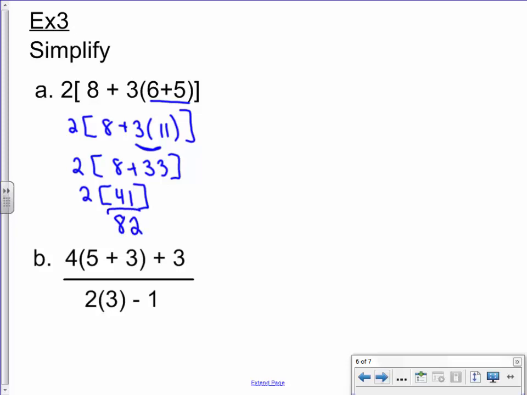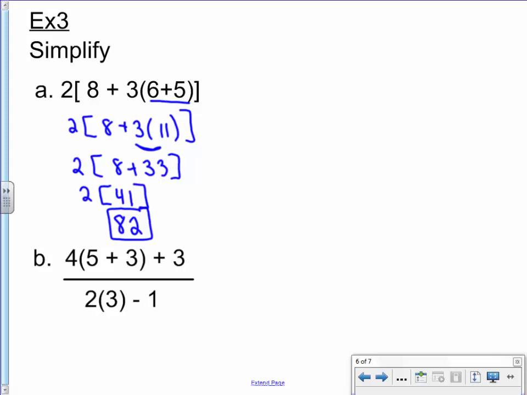In B, we have 4 times the quantity, 5 plus 3, quantity closed, plus 3, all over 2 times 3 minus 1. Now, the minor thing we have to take a look at here is that division sign there. Okay?